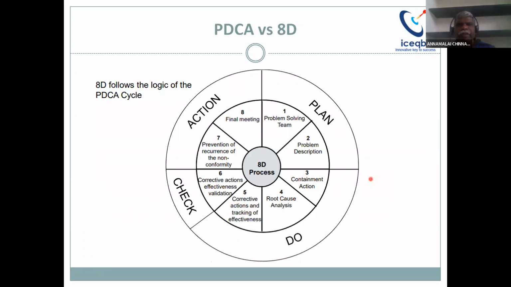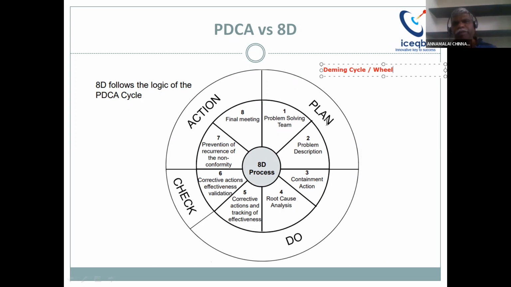So these are the 8 steps. So again, you can see that these 8 steps follow a PDCA cycle. That is plan, do, check, and act. So I think you are aware of this. We also call this a Deming wheel or a Deming cycle. So that means whenever we want to make some improvement, we will have to plan for the improvement.